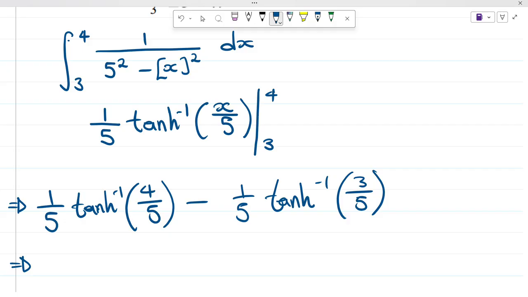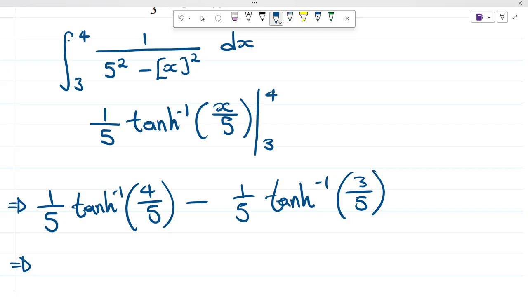So hyp, tan inverse is number 6, and then I put my 4 over 5 minus 1 over 5 hyp 6, and then please don't forget how to punch inverse hyperbolic functions on your calculator. You have to make use of HYP, that is under x squared there when you check your calculator. So yeah, you have to make use of that one.